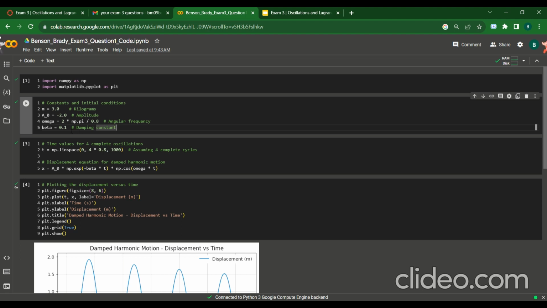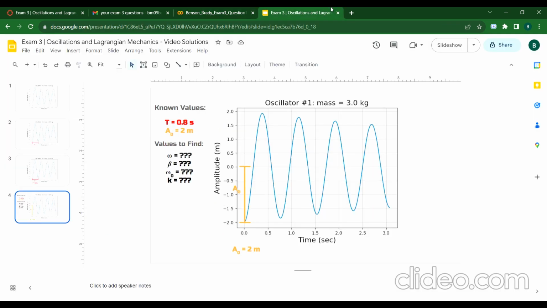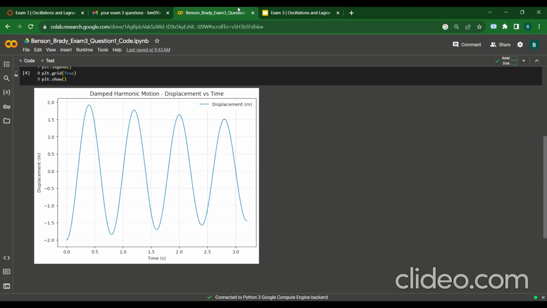And then, in order to determine the damping constant, I used the equation A naught times e to the power of negative beta times t, times cosine of omega times t, and then I plotted it to get a graph that looked nearly identical to the graph I was given for this problem.